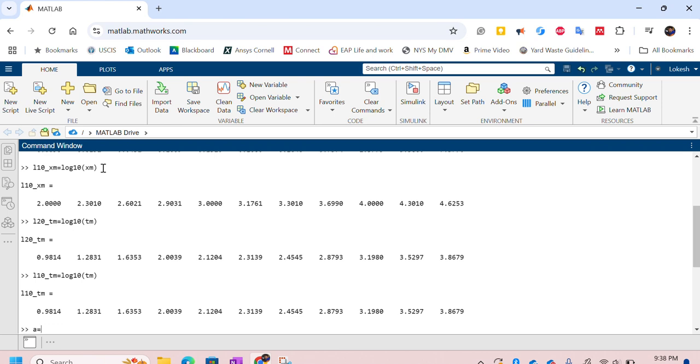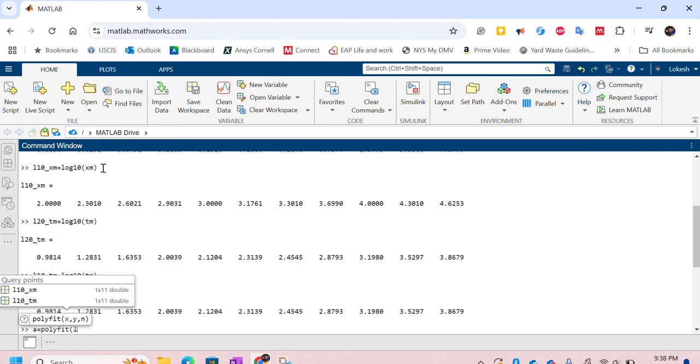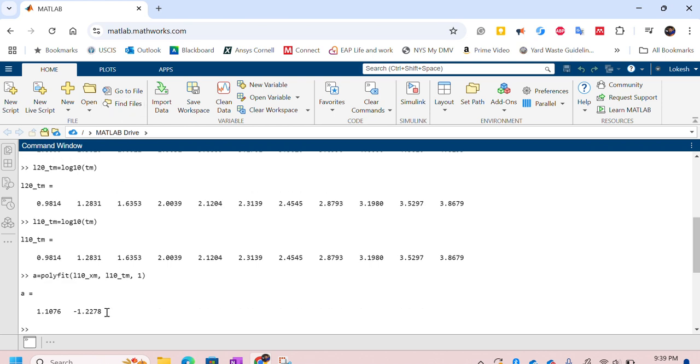So I'm just going to say P is equal to polyfit of L10 XM and L10 TM, and I need first order polynomial. Now remember, MATLAB does it the other way around. So you have this one as your highest power, which is your slope, and this is your intercept.